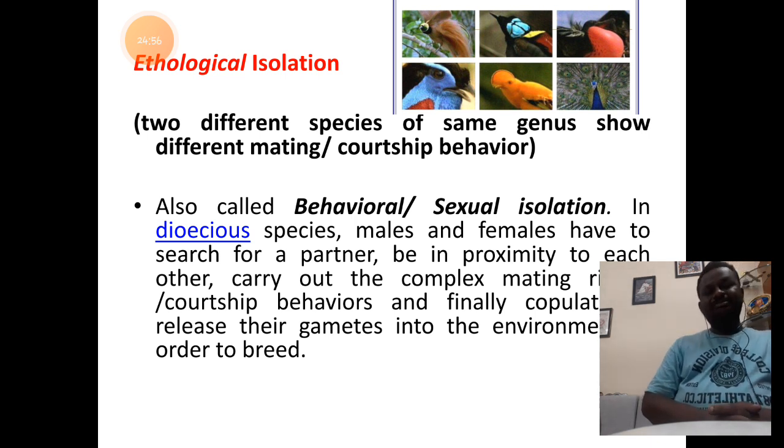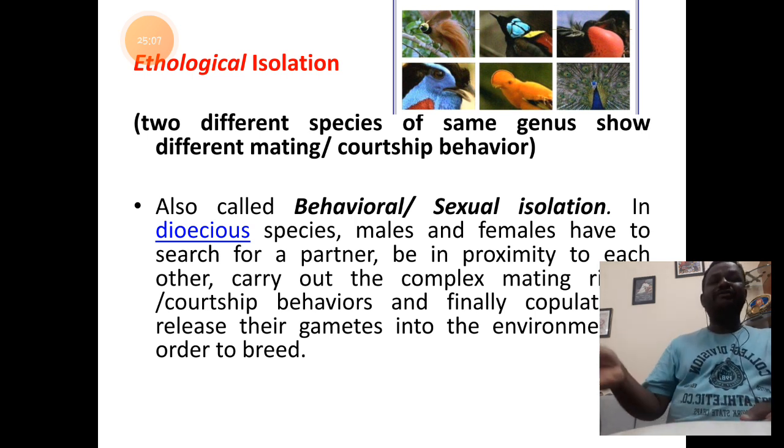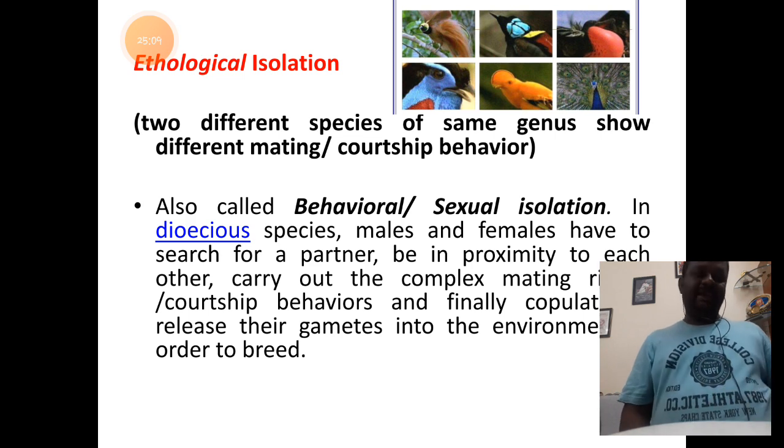Courtship is a pleasing behavior exhibited by organisms to please the opposite sex for mating. So courtship behavior is a prior-mating phenomenon.